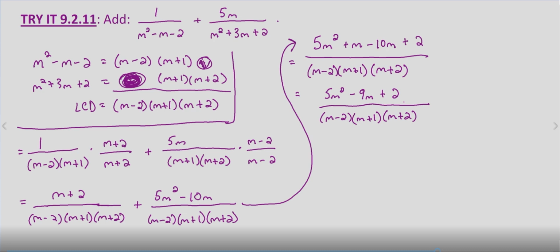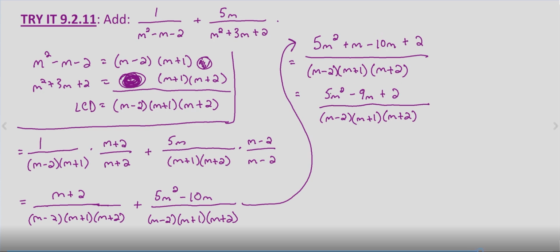And now we need to look at, will 5m squared minus 9m plus 2 factor? We could start by looking at Descartes' rule of signs. We could start with factoring as far as looking at the rational roots theorem, so we'd have plus or minus the factors of 2 over 5.